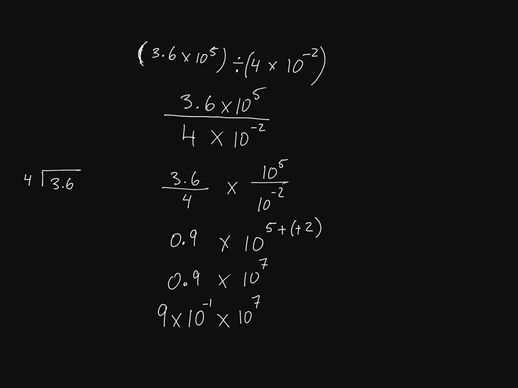Okay. Once again, this number just came from 0.9 when we change it to scientific notation. We're going to combine the powers of 10, and that will be your answer. 9 times 10 to the 6th power.